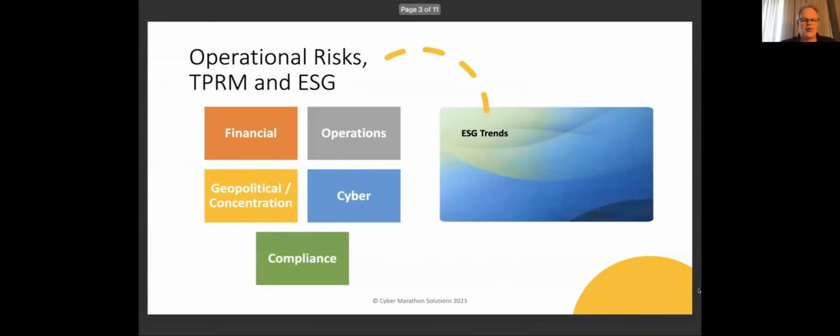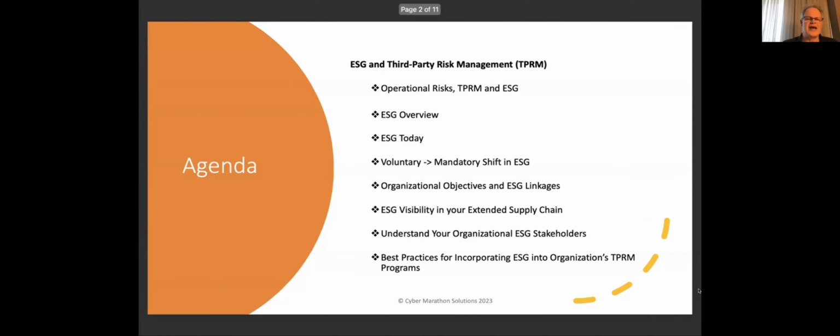Next, we'll talk about organizational objectives and how they tie together with ESG and how ESG really needs to be aligned with the objectives within your company, and particularly how it relates around the ESG topic. And that's driven to a large extent by the industry vertical that you're in.